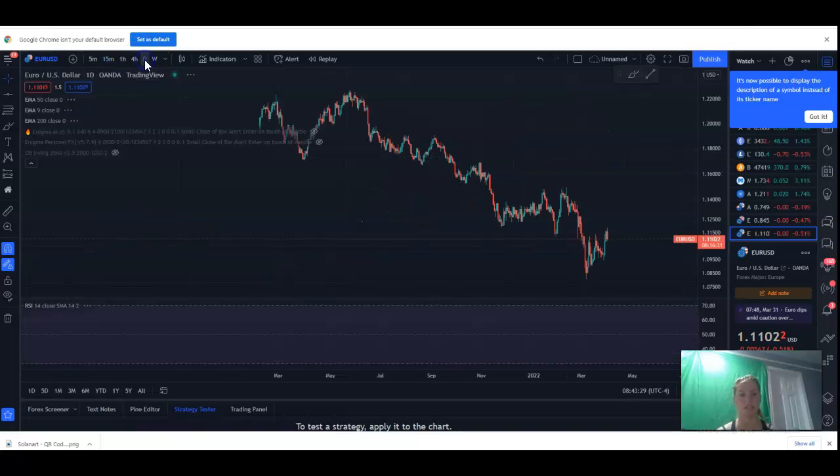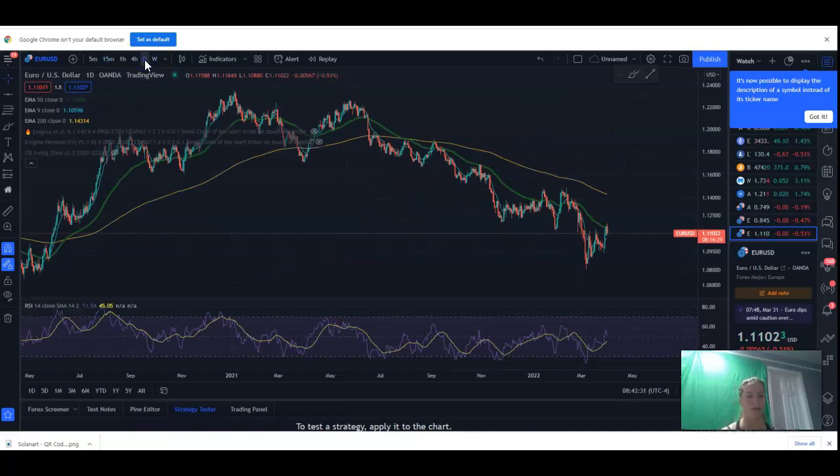Now, with support and resistance, the higher the time frame, the more accurate those support and resistance areas are. Support and resistance happen in every single time frame, whether you are trading on the 5-minute, 15-minute, 30-minute, 1 hour, whatever your preference is. These happen in every single time frame.